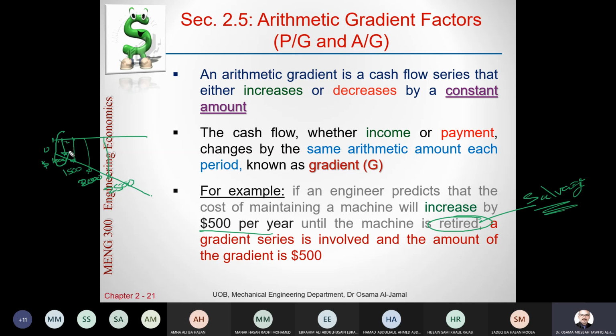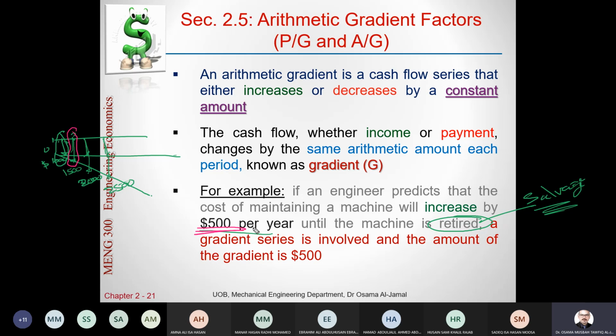Notice here, in the first year we have a constant amount of cash flow. It's like an annuity. We have that $1,000 every year, but that $1,000 is going to increase starting from year two. Starting from year two it is going to increase by how much?